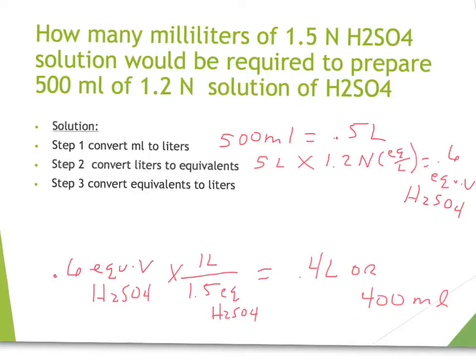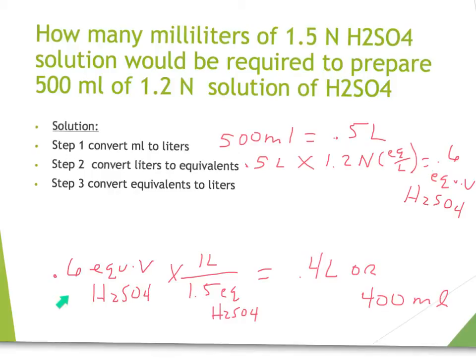So as we begin looking at our solution, we take our 500 milliliters, we convert that to liters, we get 0.5 liters. Next, we will take our 0.5 liters, we will multiply that times the 1.2 normal solution, which is equivalents per liter. This allows liters to cancel out, and we now have 0.6 equivalents of H2SO4.